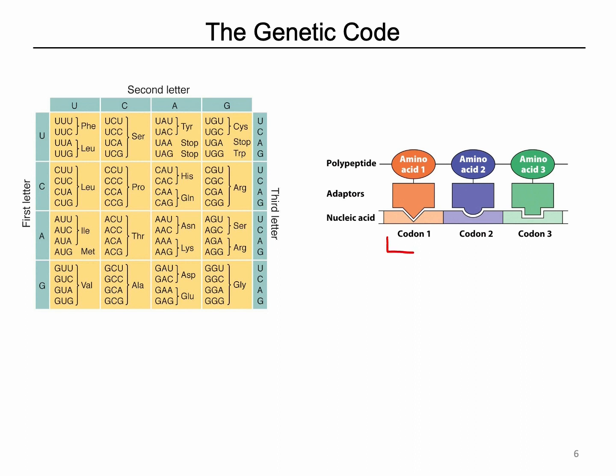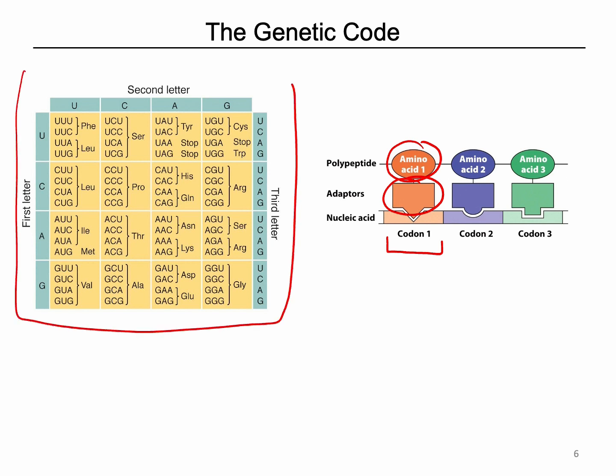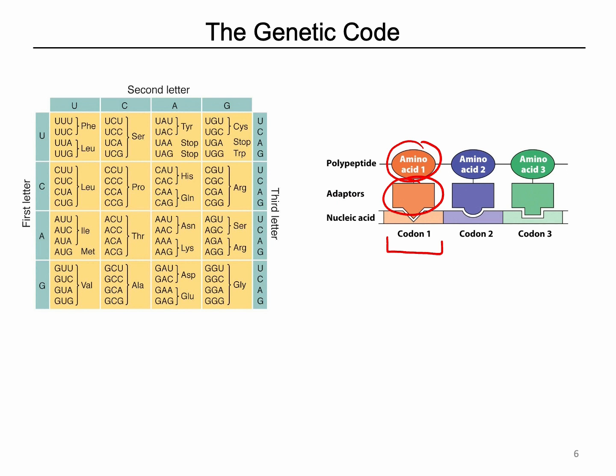And that sequence of nucleic acids will then code for a specific amino acid. And it's adapted by the tRNA, recognized by an anticodon, which creates a base pair with the codon. Okay? You can look at a really useful table that can tell you very quickly what amino acid is coded for by a specific codon.